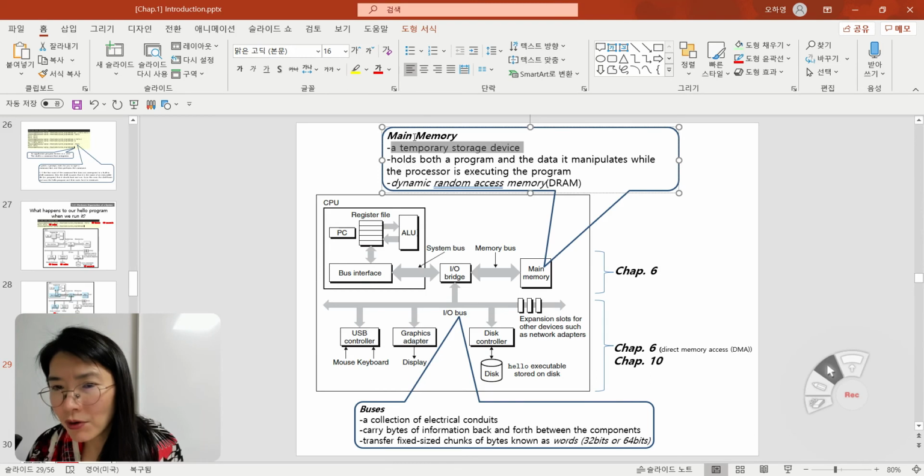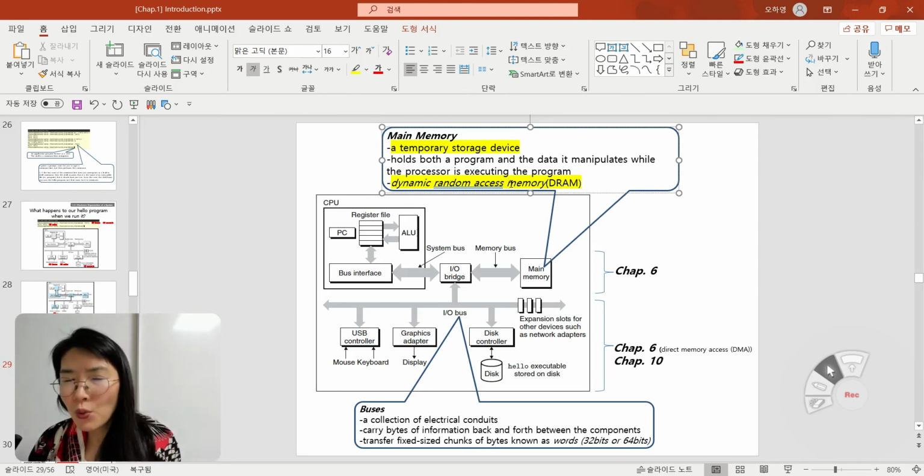And main memory is dynamic random access memory, so the abbreviation is DRAM, okay? When you check the capital letters of each word, D, R, A, M, right? So main memory is a temporary storage device, and the abbreviation is DRAM, all right?